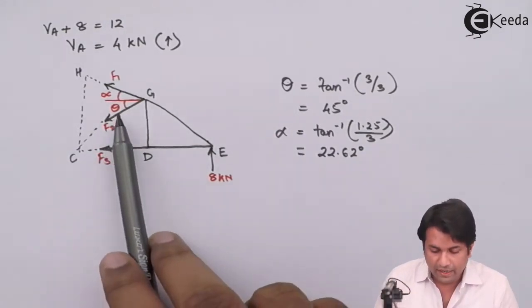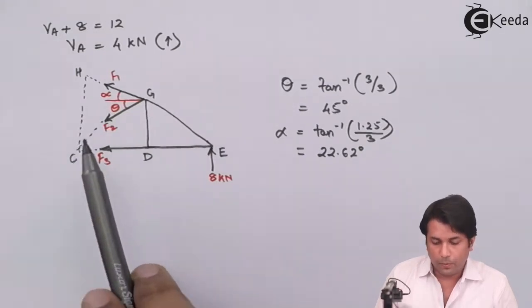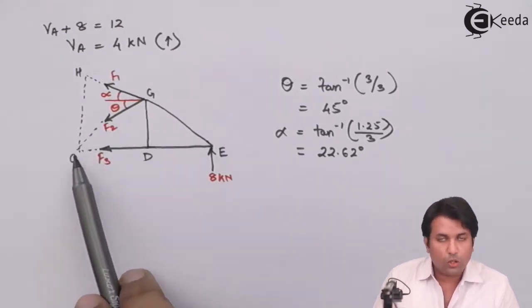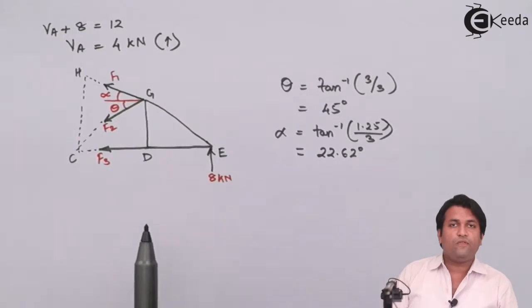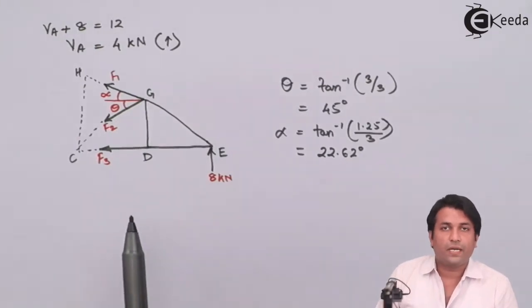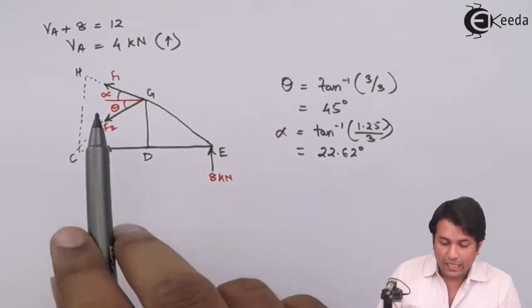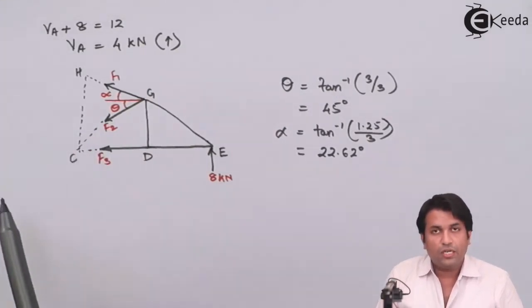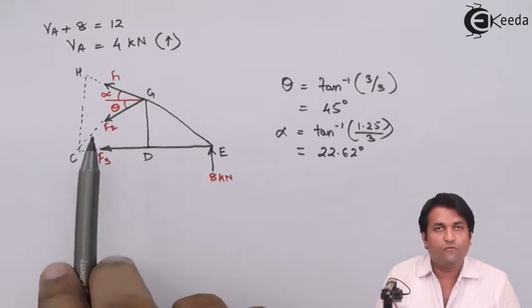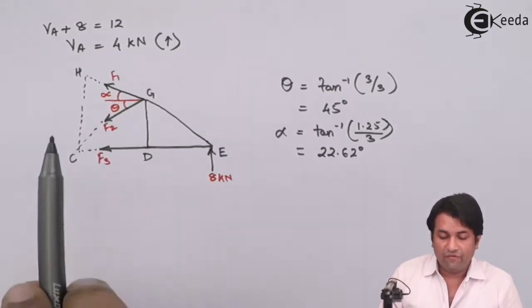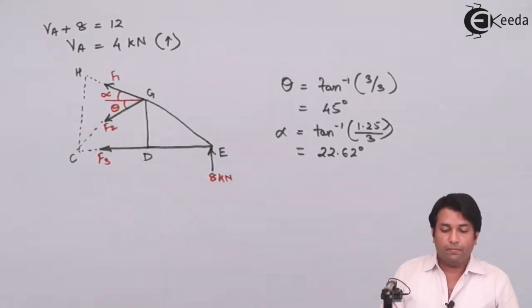You can see that F2 is approaching C, and F3 is also approaching C. So the moment of these two forces will become 0. If that happens, I'm at least making my calculations easier by making these two forces 0. I can find out the force in the member GH, that is F1.